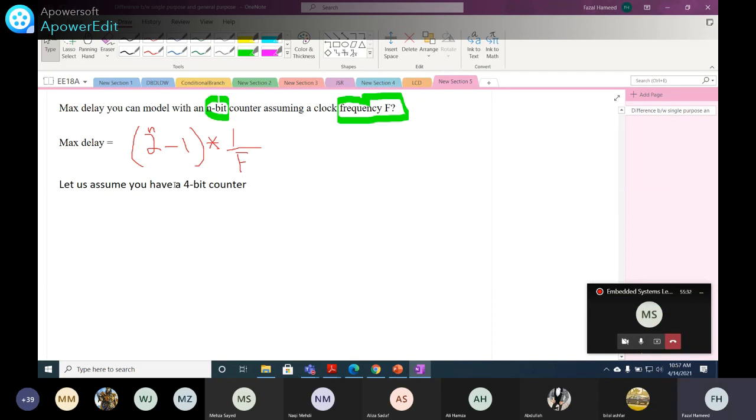It will count from 0000, then 0001. What is the value of the top signal? Top will be 0. Am I right?